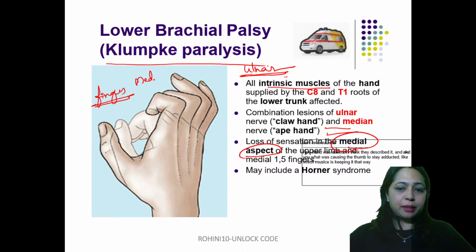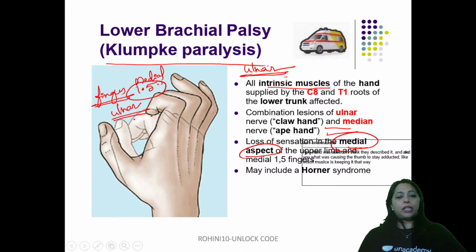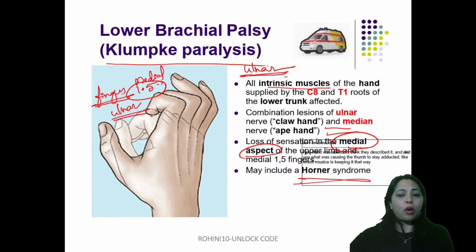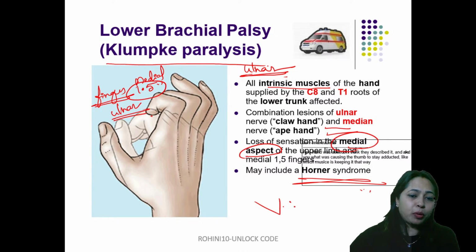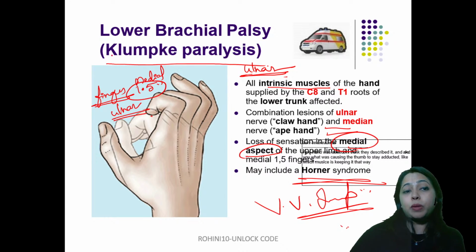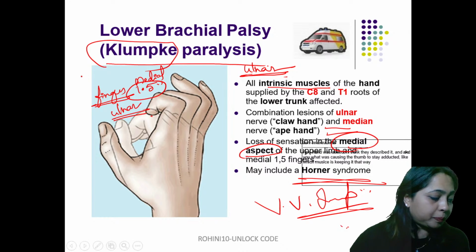That is medial side, 1.5 fingers, because of the ulnar nerve defect. Okay. So it may also include Horner's syndrome. Very, very important. Don't forget to associate Horner's syndrome with Klumpke's palsy.